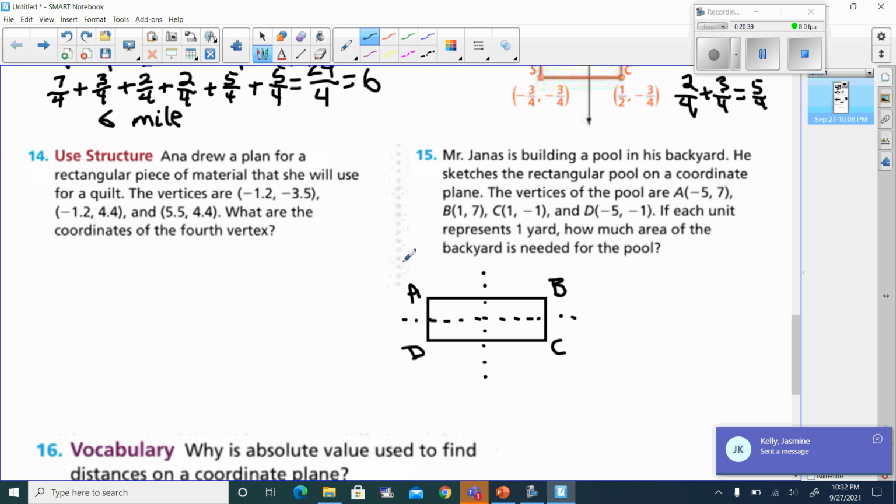So this is -5 and 7. And then B was at 1 and 7. So I went 1 this way and then up 7. C was at 1 and -1. So I went 1 this way and then down 1. And then D was at -5 and -1.